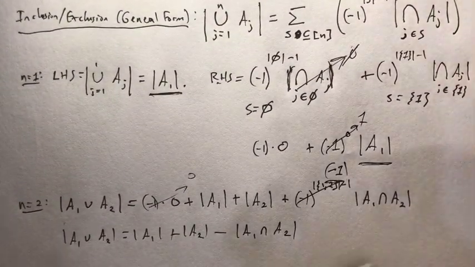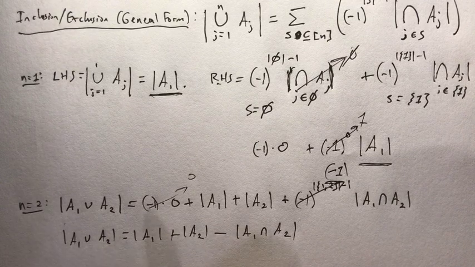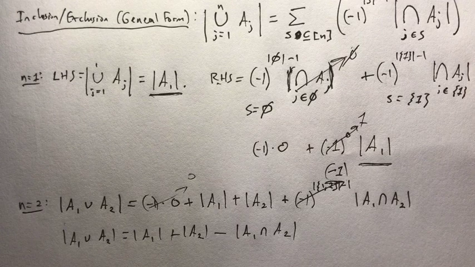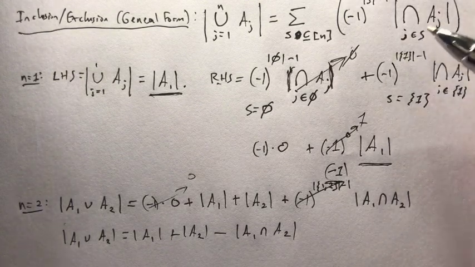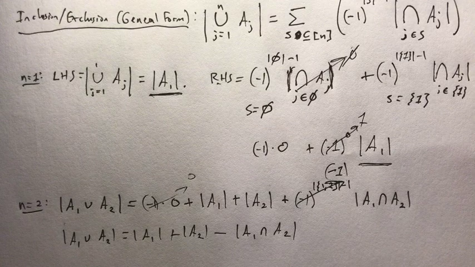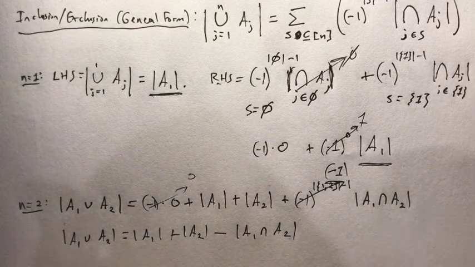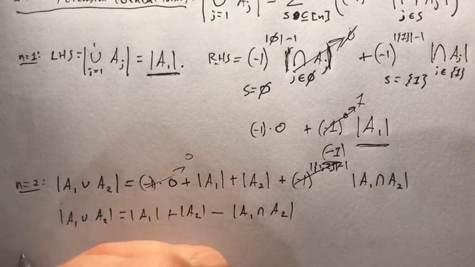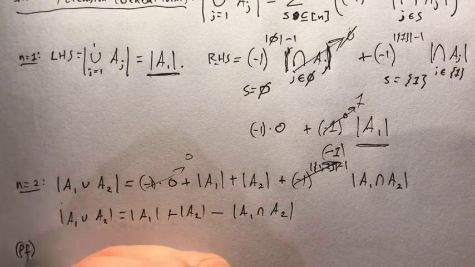The size of A1 union A2 is the size of A1 plus the size of A2 minus the size of their intersection. Okay, so we could do this for 3 and 4, but hopefully this is enough to understand this theorem statement. So let's now try to prove this theorem, and the proof is not terribly bad.